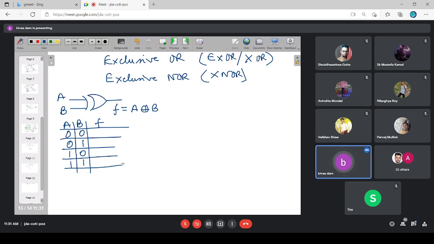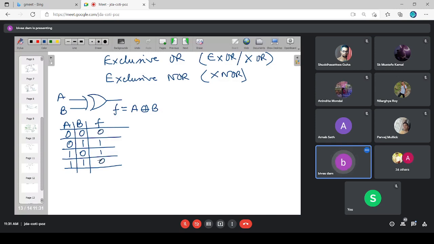So under which input combinations will the output be true? Second and third, because in those two cases only the inputs are exclusively true. For one input combination, both the inputs are true, that means the inputs are inclusively true. So they are not exclusively true. So when the inputs are exclusively true, then only the output will be true. Otherwise, the output will be false.